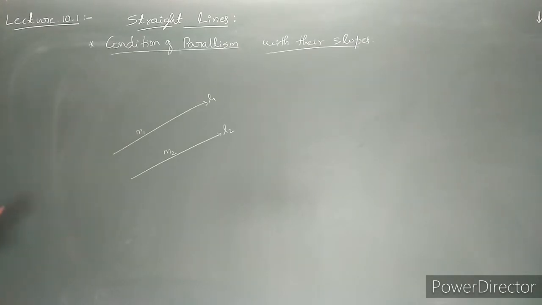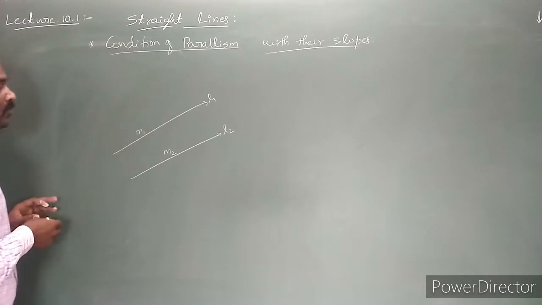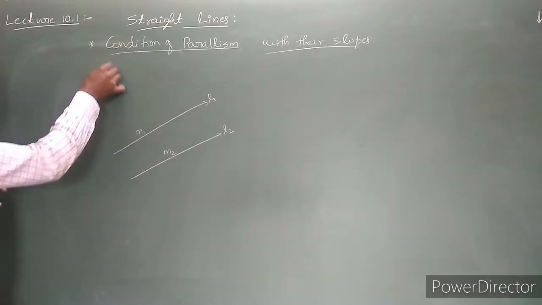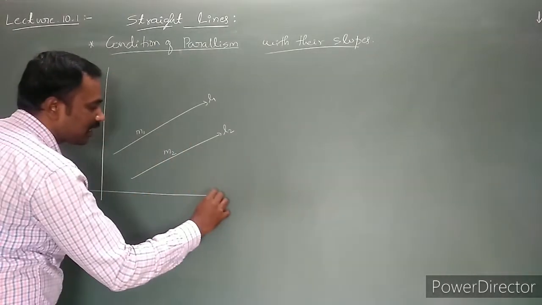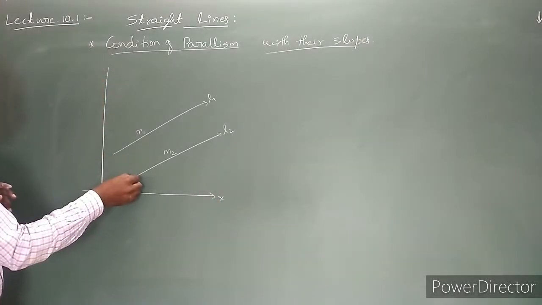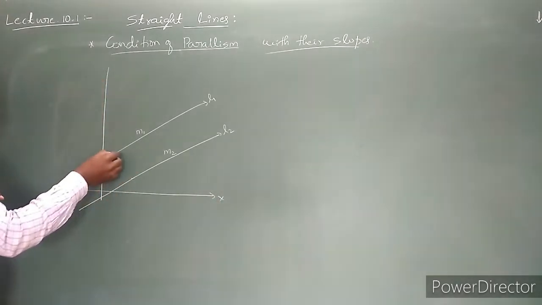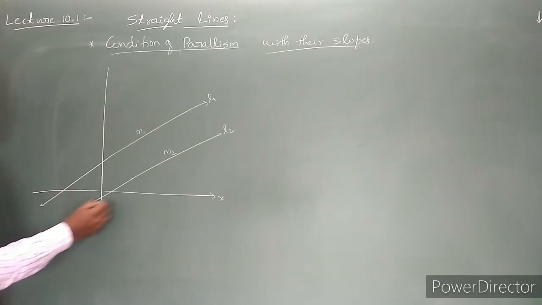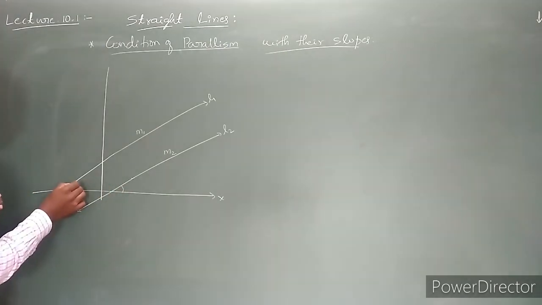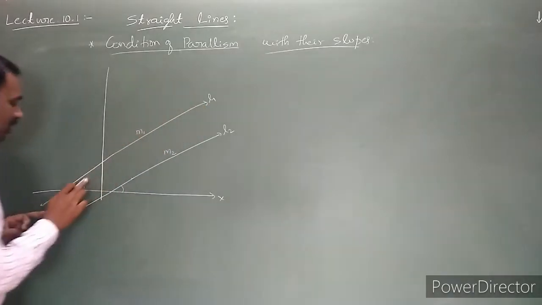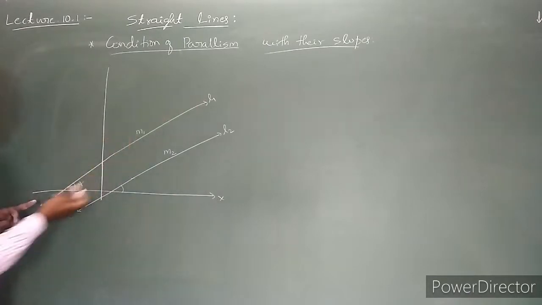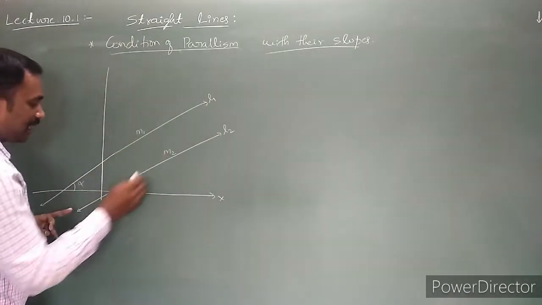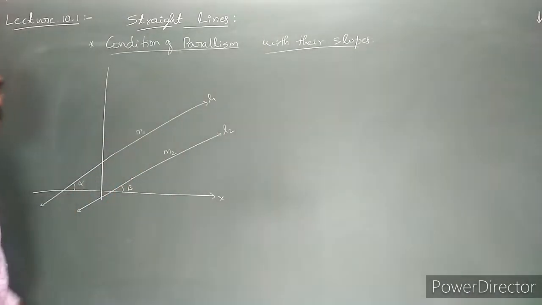Then we need to say that these 2 lines are parallel. How do you say that these two lines are parallel? The direct condition is that they never intersect. Extending these lines, with the x-axis, we can extend up to infinity. What are the angles?